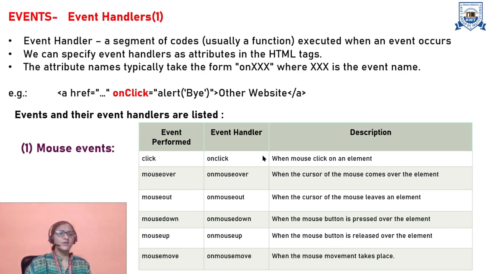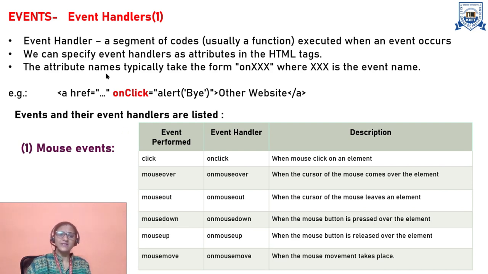Event handler means a piece of code. It is usually a function which gets executed when an event occurs. We can specify event handlers as attributes in an HTML tag.